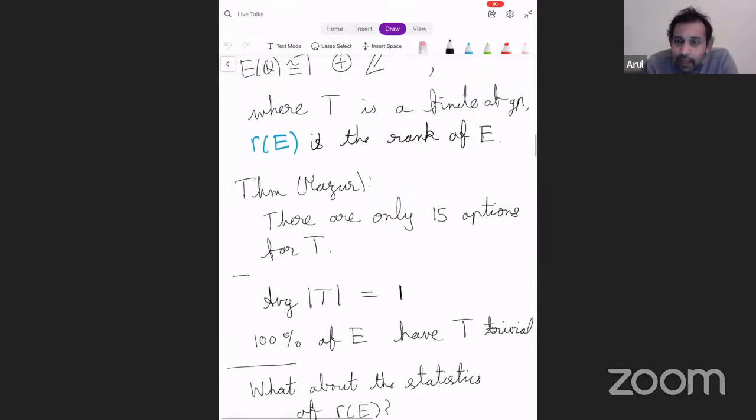Let's take a fairly simple case, namely T trivial. The arithmetic statistics of these torsion subgroups is not too complicated. 100% of E have T trivial. So you can ask how many elliptic curves have T non-trivial. It's 0%, but let's try to be more precise.